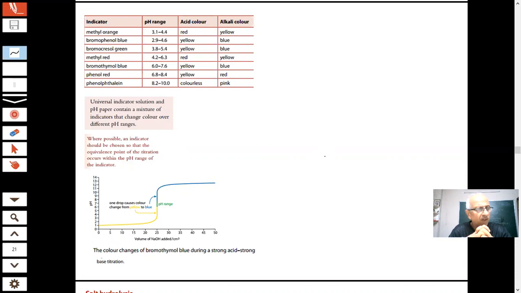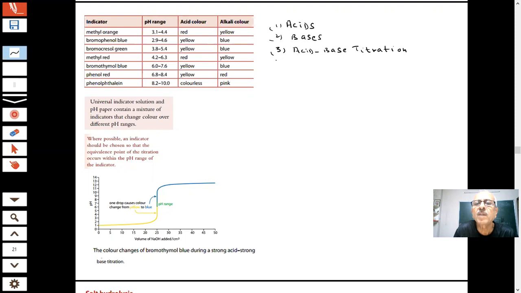What we have been discussing is acids, bases, and salts. What we learned till now: you have learned what are acids, what are bases. Then you have also learned titrations. What titrations are we doing? Acid-base titrations.